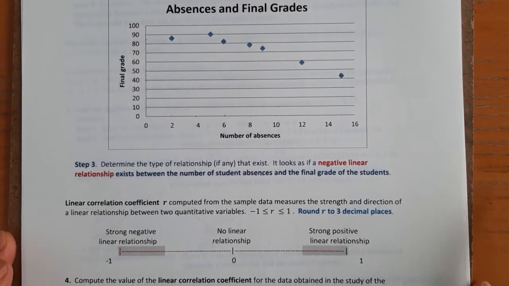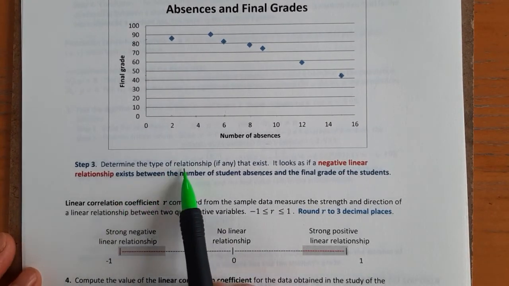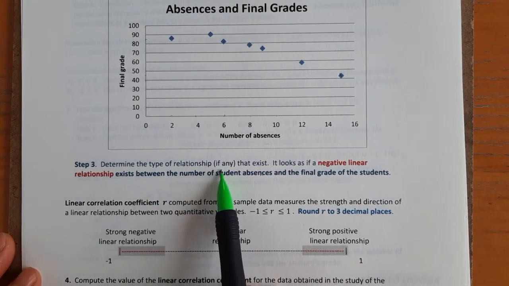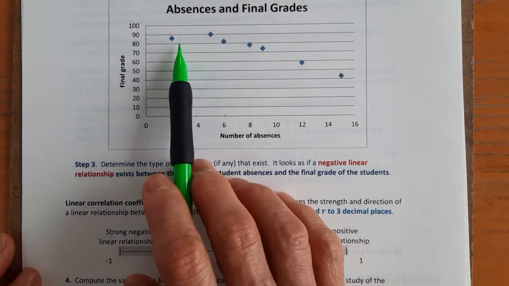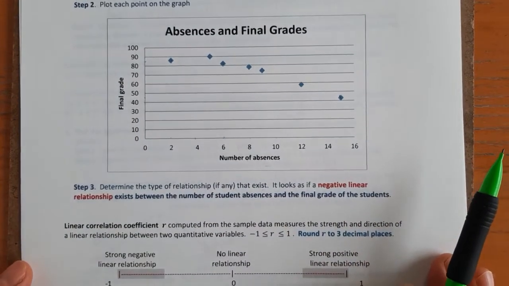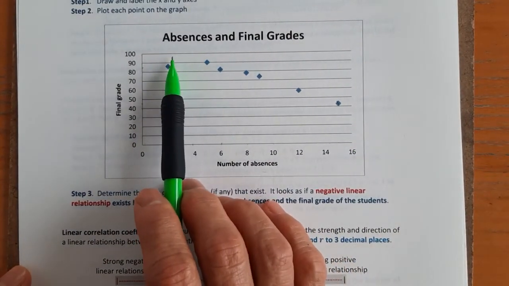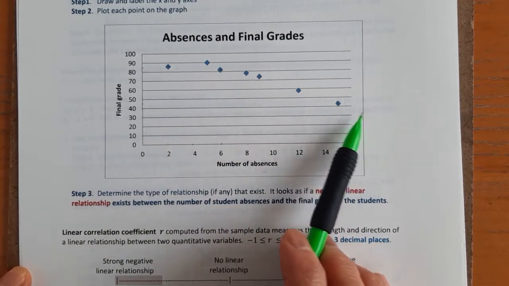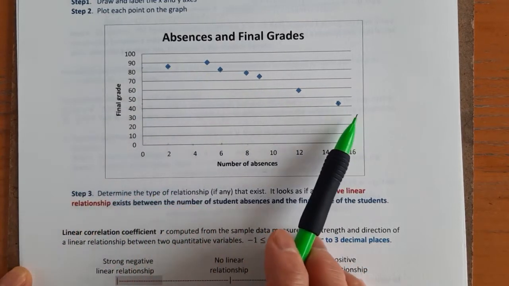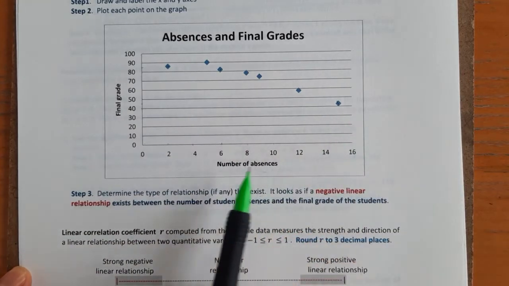Step 3, determine the type of relationship, if any, that exists. Looking at this scatter plot, it looks like you can draw a best fitting line that falls down to the right.